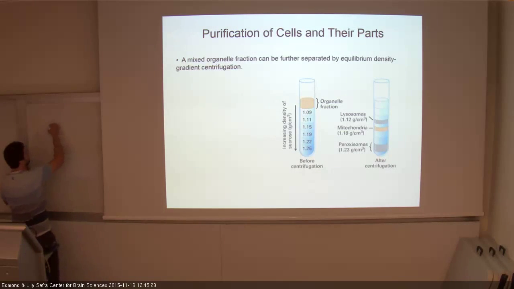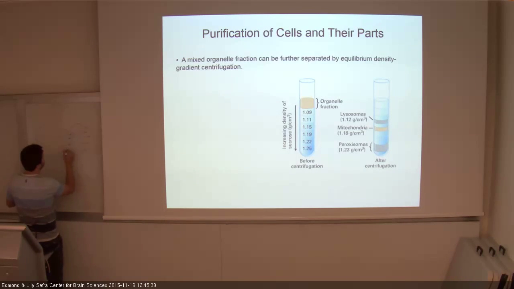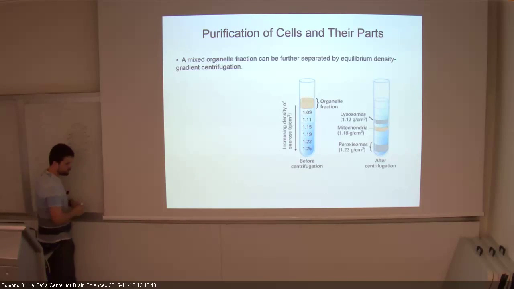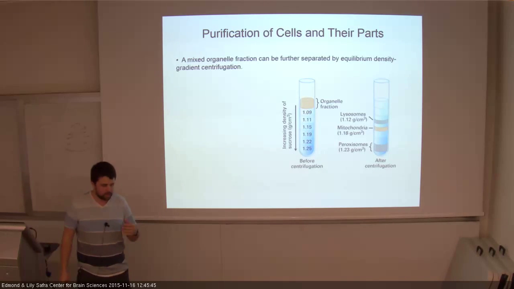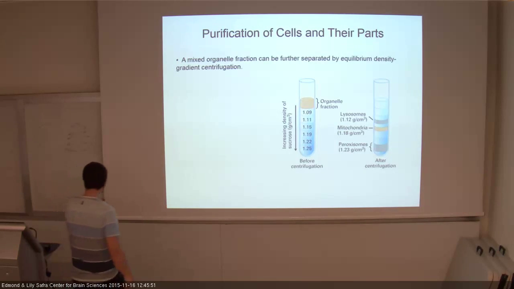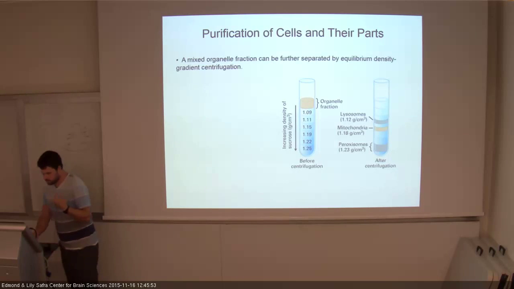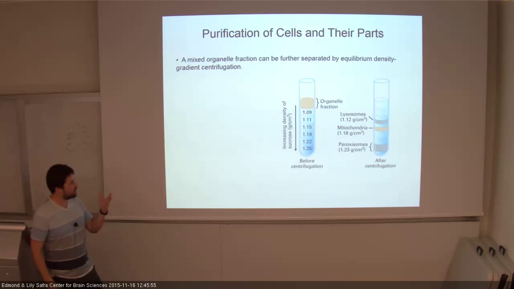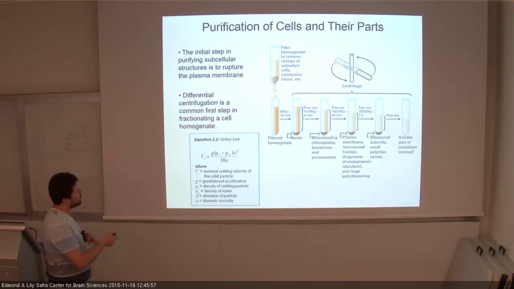Let's say I have two particles that I want to isolate, and one of them is filled with material, and one of them doesn't have so much material. Let's say they're the same size, although I'm not very good at drawing. So they're the same size, but they have different densities. One of the things that I can do is not simply centrifuge them in an aqueous phase.